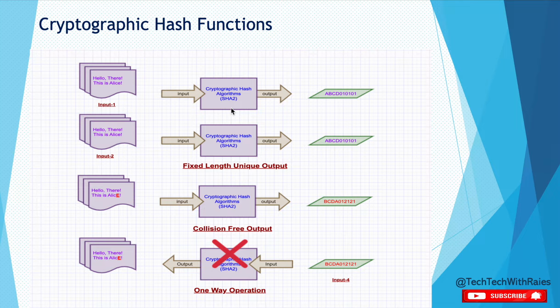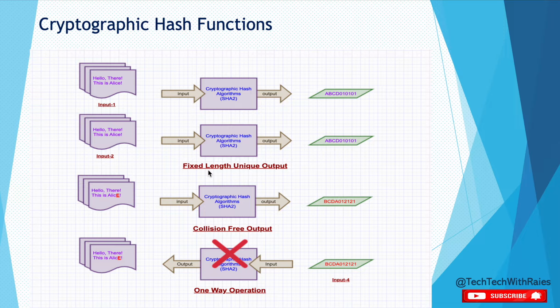Some associated properties are fixed length and unique output. Like I said earlier, the length will always be the same for a given hash function irrespective of whatever input is passed. Also, let's say one time you generated an output with this input; next time when you take the same input, it should generate the same output, and unique outputs for unique inputs.